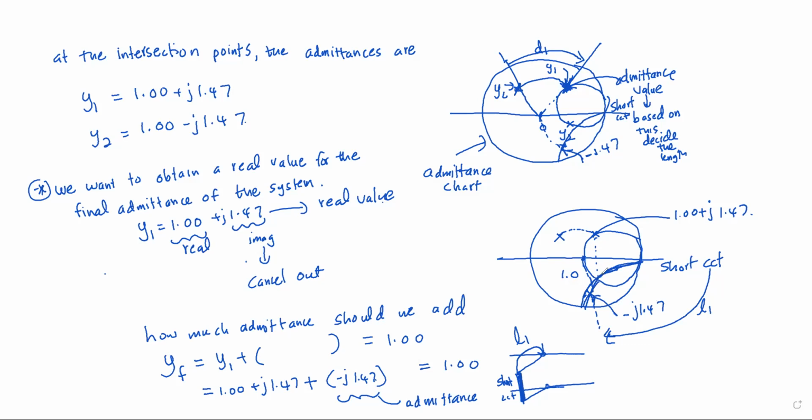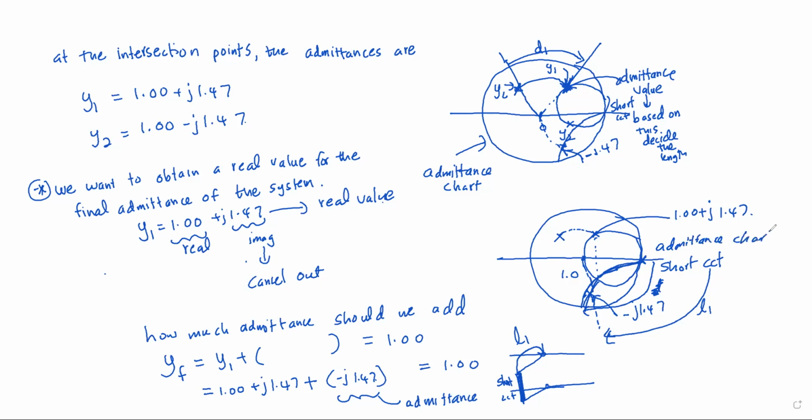The point of this drawing is just to find the distance from the short circuit to this intersecting point. So we are not going to find any impedance value along this line. Therefore, we just need to find the distance, the length, from the short circuit point to the intersecting point. We need to keep in mind that this is the short circuit point in the admittance chart.